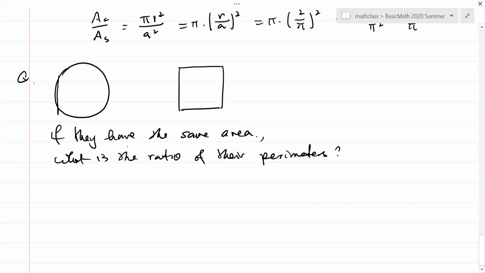So Mongolian people are very smart. When they build a house, they also build a circular house because they have limited material. If you make a square house for the same area, it takes more material, because the perimeter is longer.